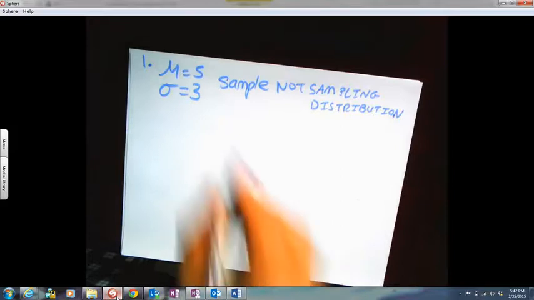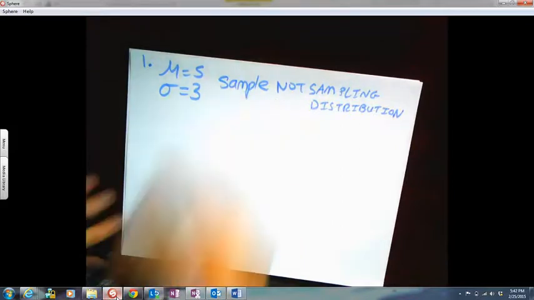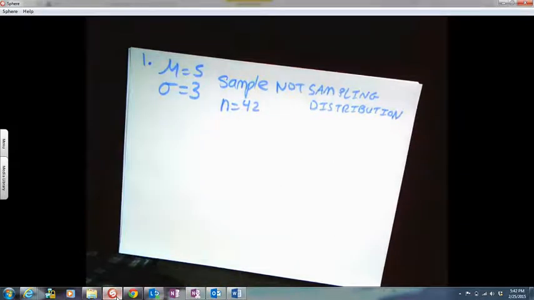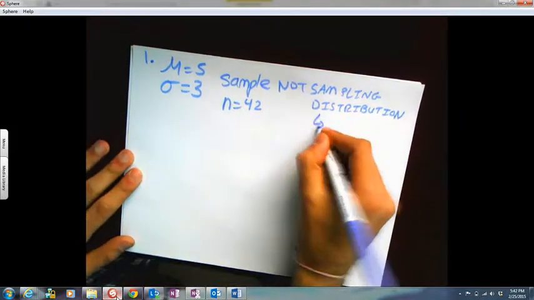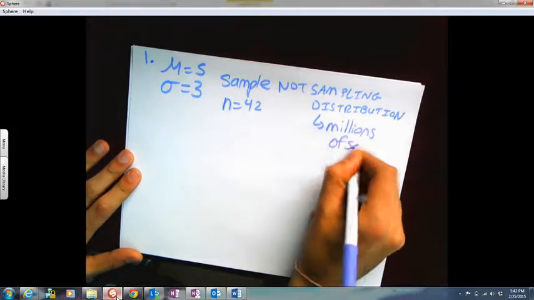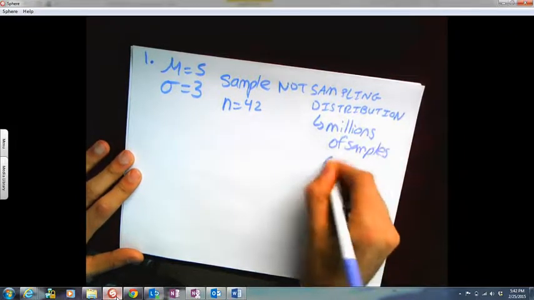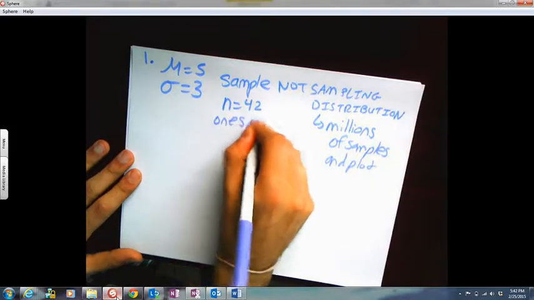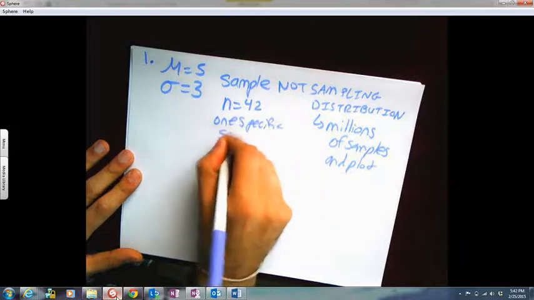The sample says for this specific group of 42 rabbits, what does the distribution look like? Sampling distribution is when you take millions of samples and then plot that. This is one specific sample.